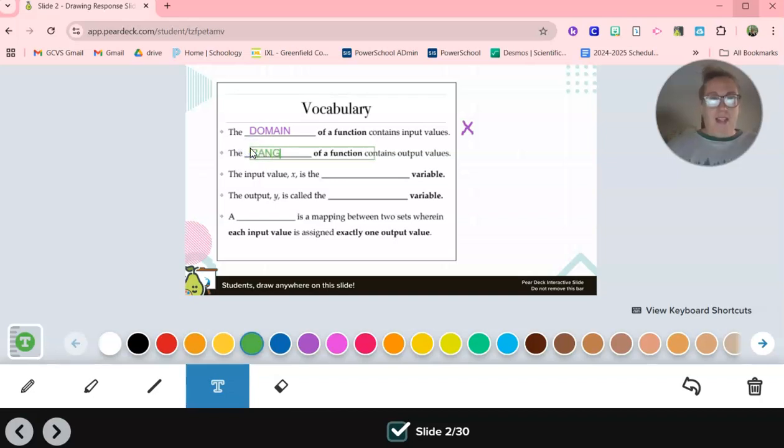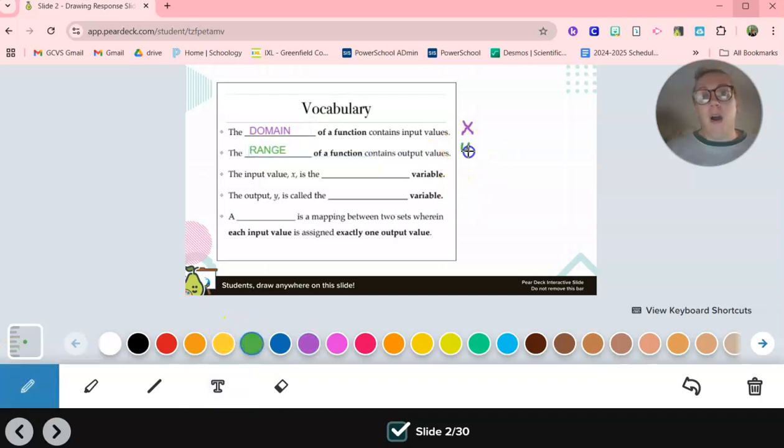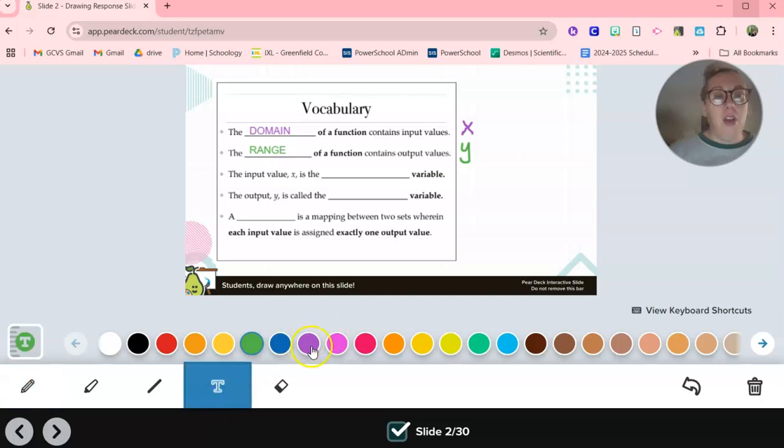And underneath that is our range. The range is our outputs. It is our Y values. Those all mean the same exact thing. The input or the X values are called the independent variable, and we see that variable along the X axis, right?